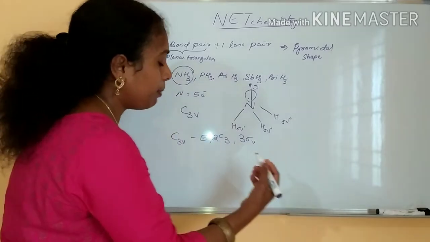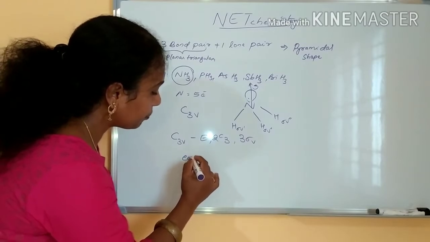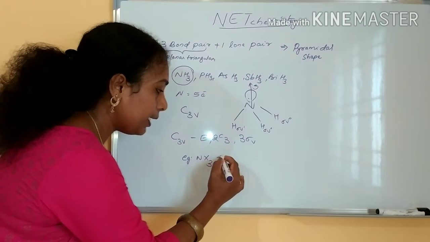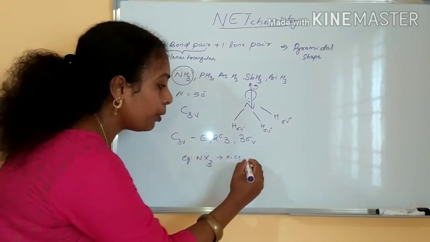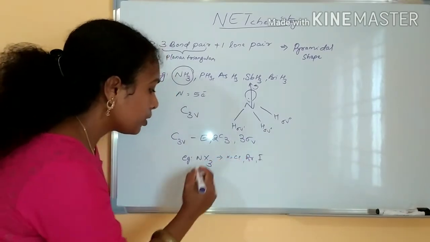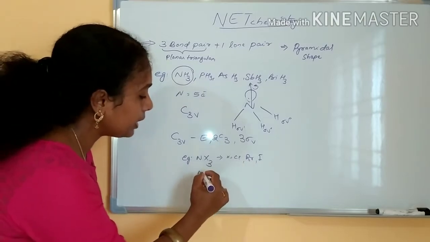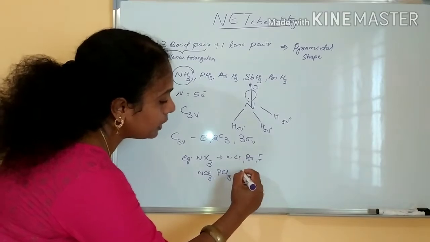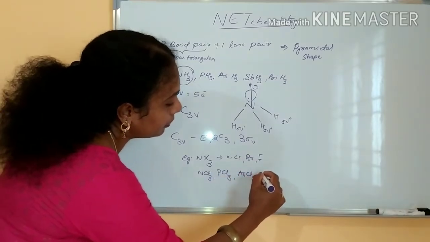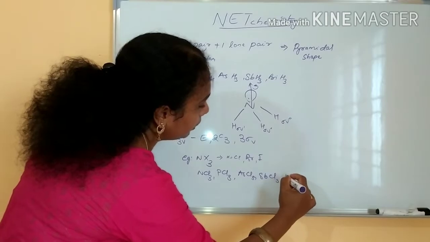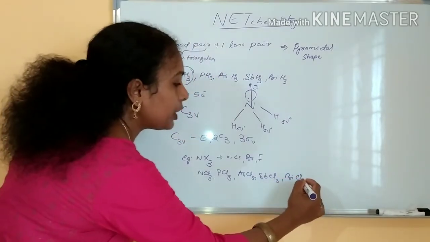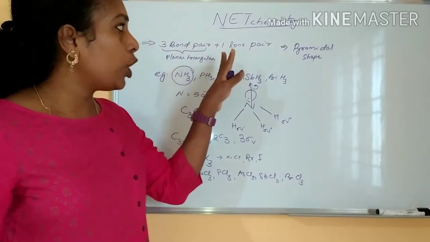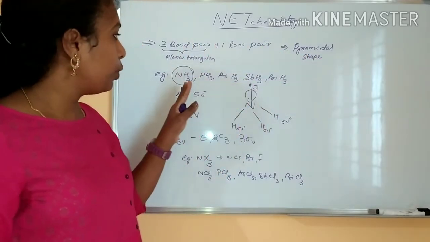Another example is nitrogen trihalides, where X is chlorine, bromine, iodine, etc. Not only NCl3 but PCl3 and the others of the family are C3V point group. So 3 bond pair plus 1 lone pair, pyramidal shape molecule.